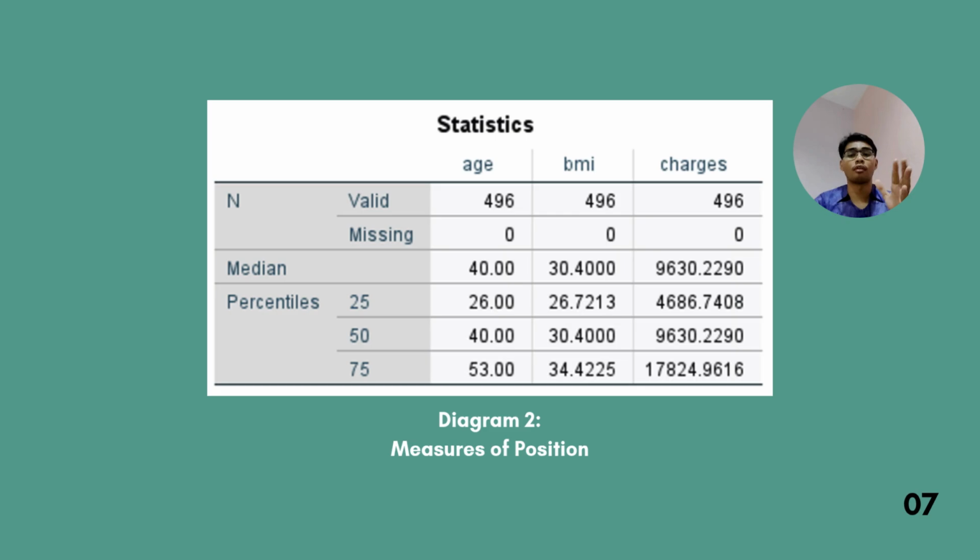So half of the policyholders pay between roughly 4,687 ringgit and 17,825 ringgit annually.